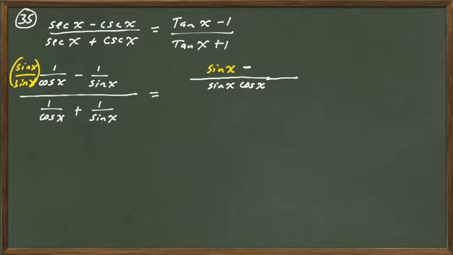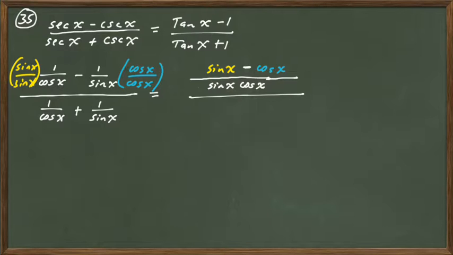On the right over here, you need a what? Sine cosine. So here you're going to need to multiply by cosine. Then I would have this denominator. Any questions so far? Only been working on the top of the fraction.